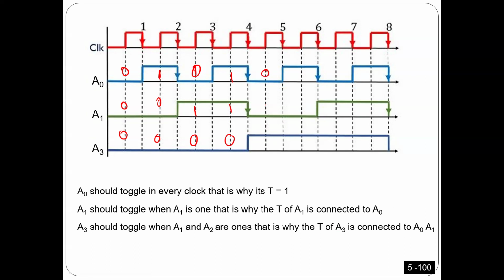Then after that, we have 0, 0, 1, which is number 4. And then 1, 0, 1, which is number 5. And then number 6, and then number 7. After 7, I will go to 0 again. You repeat again, go to 0 again, because this is how a counter works. You count from 0 to 7. After 7, you count again from 0 to 7, 0 to 7, 0 to 7. That's how it works. Okay.